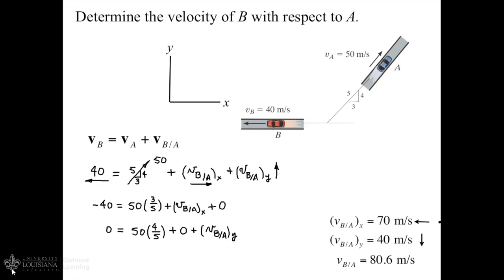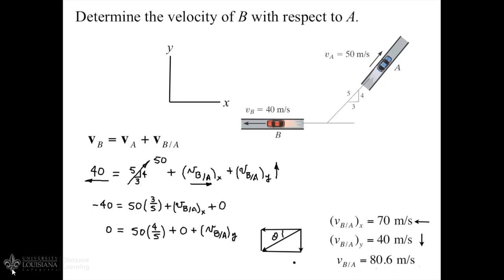And now that I know the two components, I can then add them up vectorially, and I can find my velocity of B with respect to A. To do that, of course, I would use Pythagorean's theorem, wouldn't I? The square root of 70 squared plus 40 squared comes out to be 80.6 meters per second. If you want to find the direction of this vector, you could, for example, find the angle right in here, angle theta.